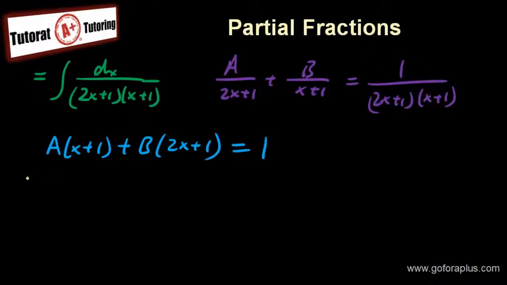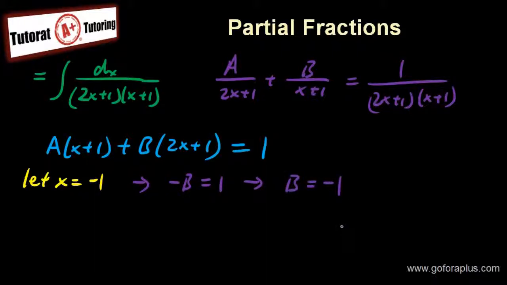Next step is to let x equal minus 1, so that this whole term is 0. If it's minus 1, I have B times minus 2 plus 1, so it's minus 1. So I have minus B equals 1, meaning B is equal to minus 1.